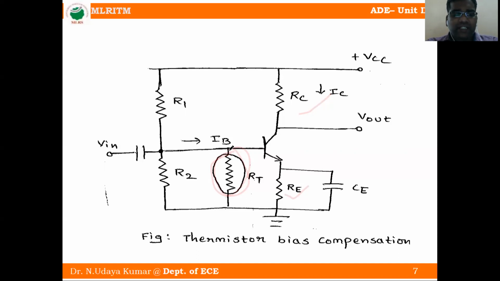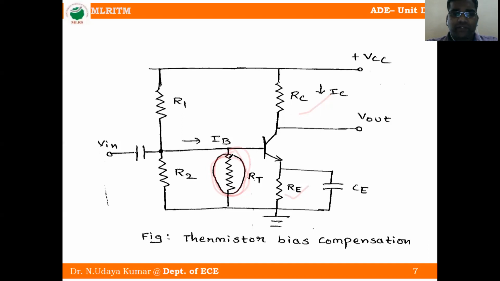An increase in temperature will decrease the base voltage. Why? If temperature increases, this resistance decreases. This resistance is parallel to R2, so VBE also decreases. If VBE decreases, IB decreases, and if IB decreases, IC also decreases.